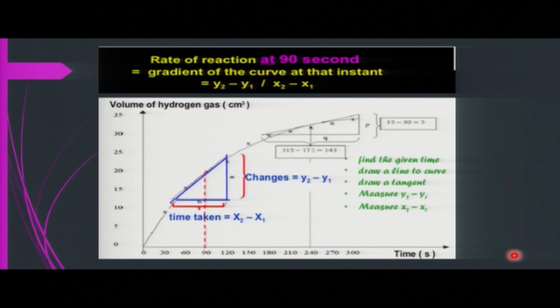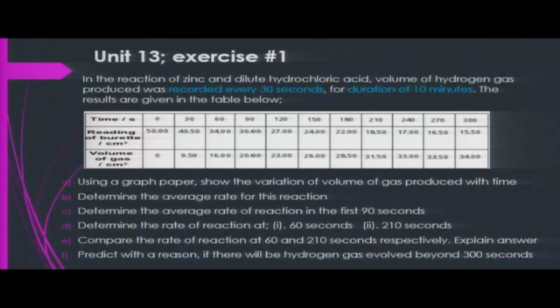Now, of course, I can't live without giving you the exercise. This exercise is a whole complete sum up of what we've gone through. If you can critically go through all those numbers, trust me, you will have understood the instantaneous rate of reaction and the average rate of reaction.